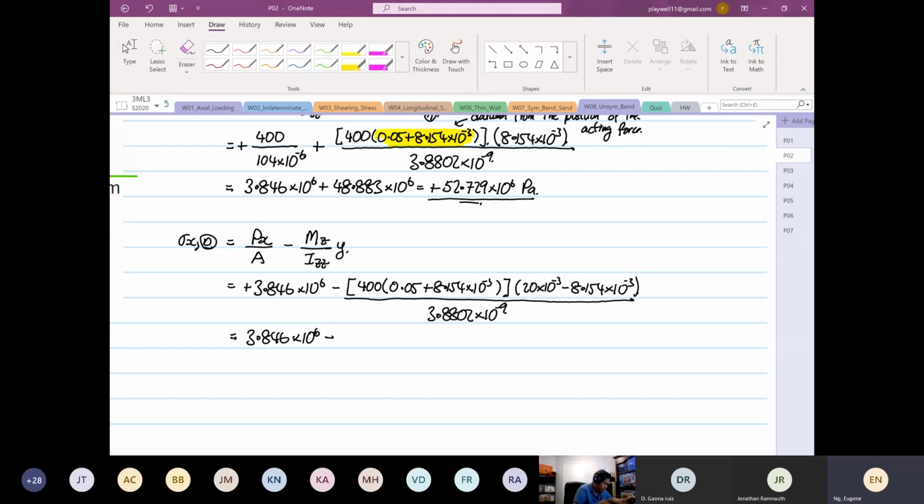I get 71.017, so it's 0.16 times 10 to the power 6. So this will be equal to 3.846 power 6 minus 71.016 power 6, which is minus 67.17 times 10 to the power 6 Pascal.